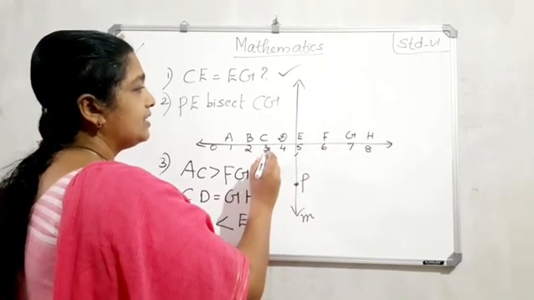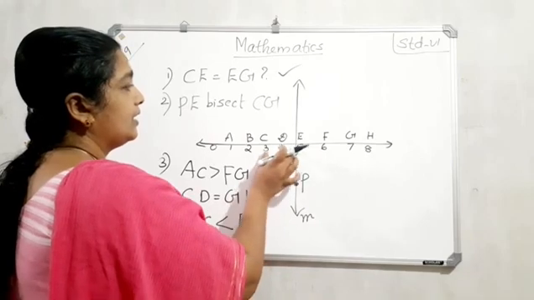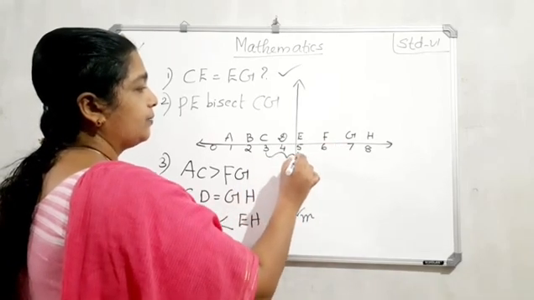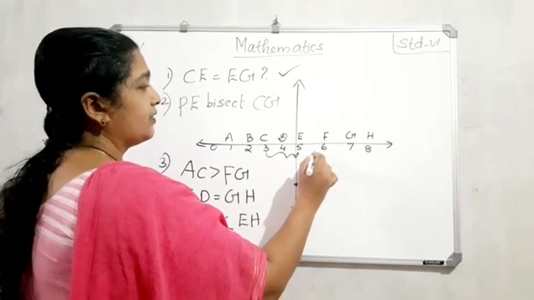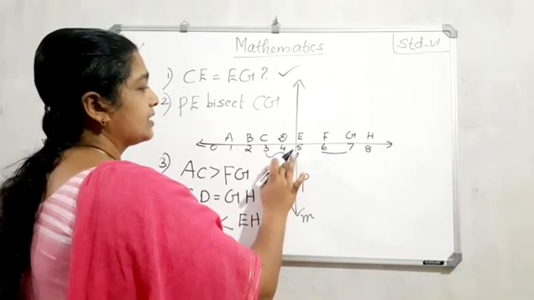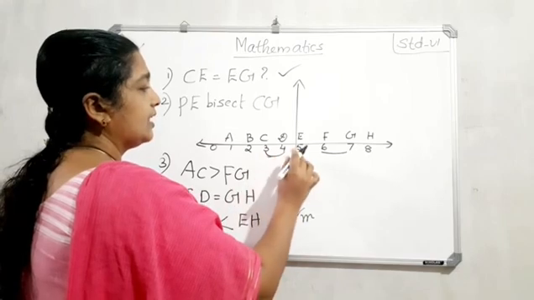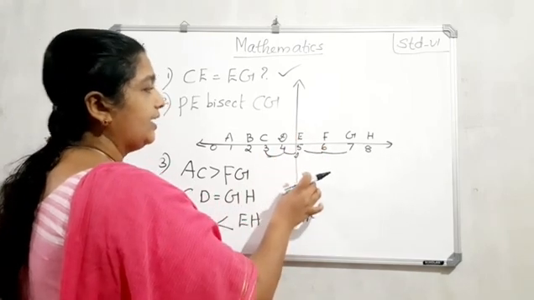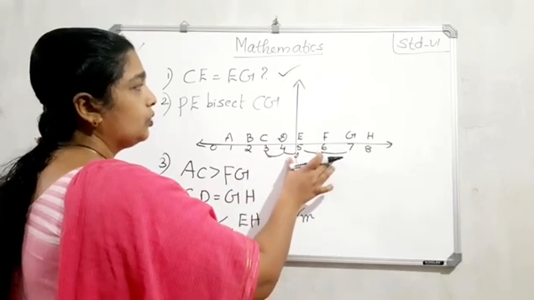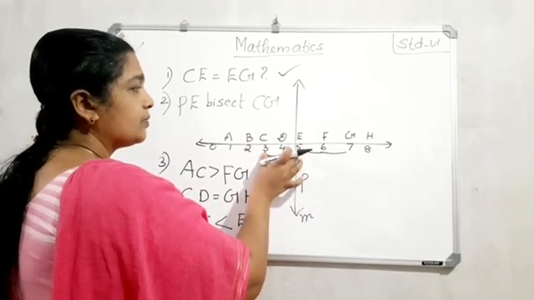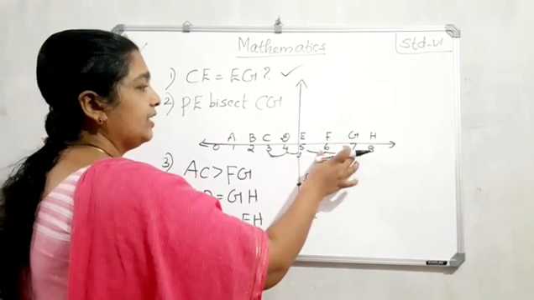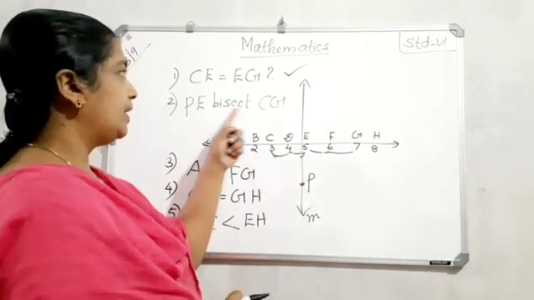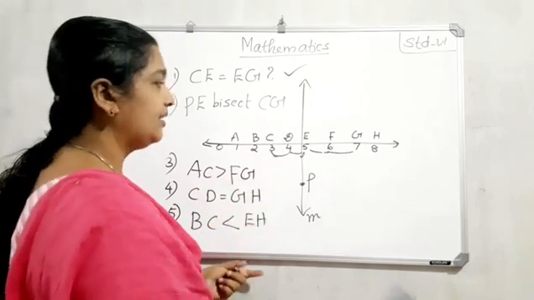Here CG, from here to here, and this line bisects it into 2 equal parts. This measurement, and here the middle, sure. So PE bisects CG. Understand? Yes.